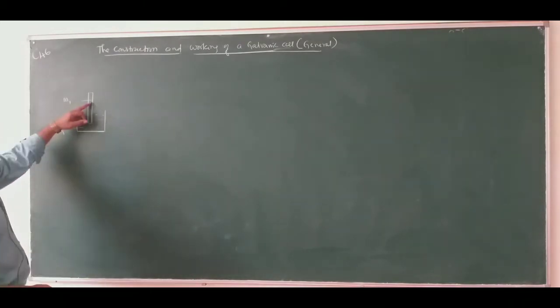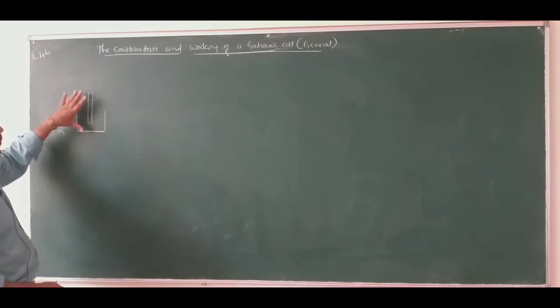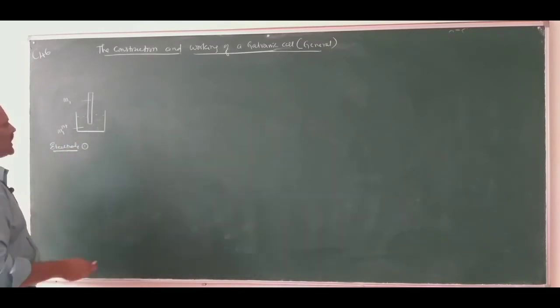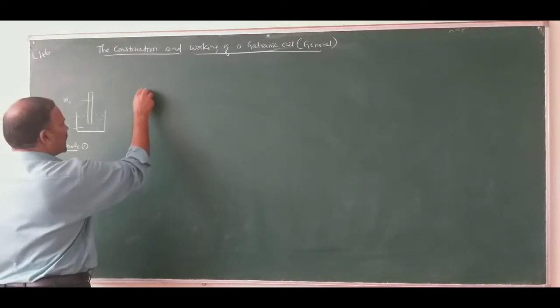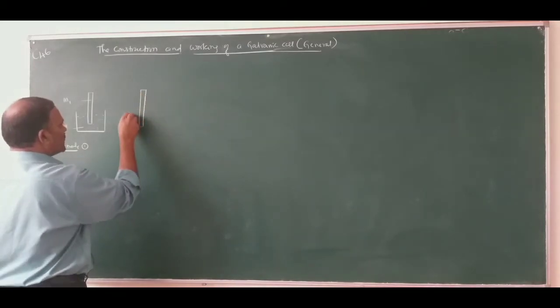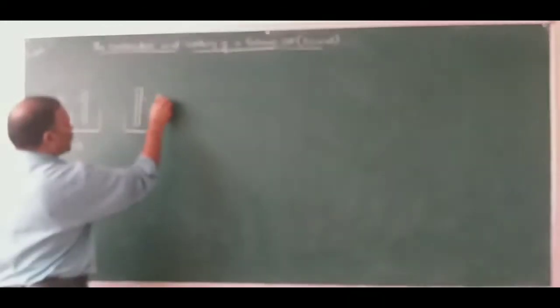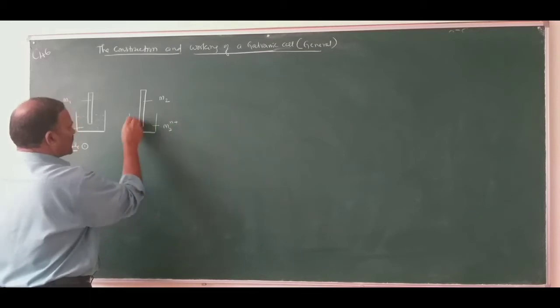When a metal M1 is dipped in its ions, M1^n+ ions, it forms one electrode, say electrode 1. Let us consider another electrode. Here there is another electrode formed by dipping a metal M2 in M2^n+ ions.